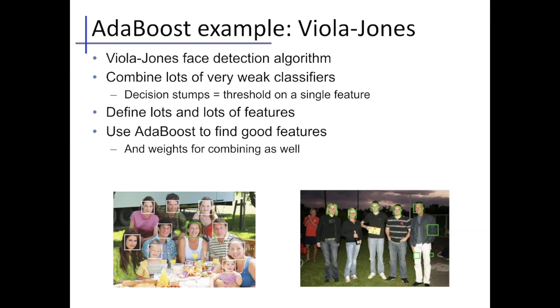Nowadays, detecting faces is not hard anymore, but 10 years ago that was considered a pretty challenging problem. Nowadays, everyone uses deep learning-based methodology, in particular the convolutional neural net models we talked about previously. But before that, people used this type of ensemble methodology to do face detection.